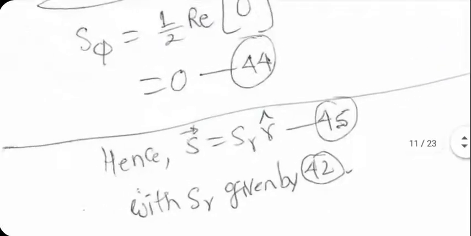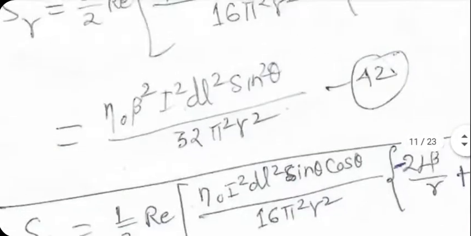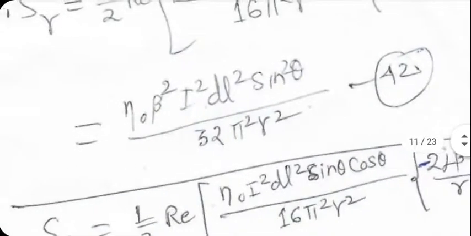So the simple equation for S is S_r multiplied by the unit vector along the r direction, where S_r is given by equation 42, at least in the far field. The Poynting vector, as I said, represents power radiated per unit area by the antenna.